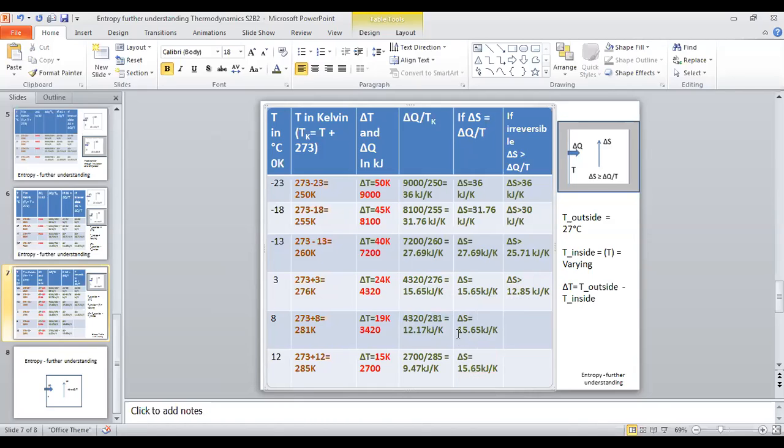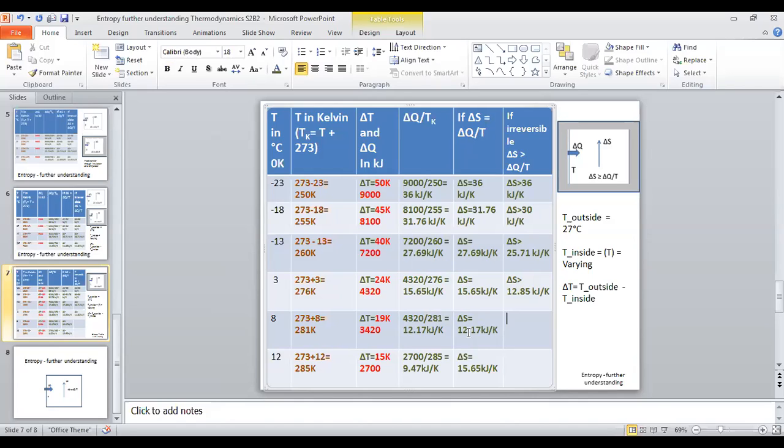For 8 degree, this is 12.17. You see, 3 and 8, 5 degree difference, but your delta S increases. 15 against 12 means there is a 3 kilojoule per Kelvin increase.